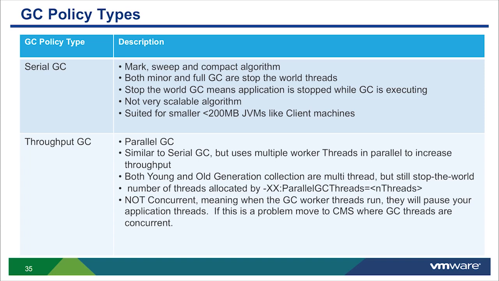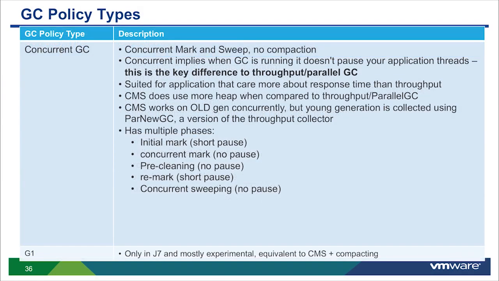So with CMS, they call it concurrent, right? Versus throughput is parallel. What is the difference? It's concurrent, meaning it runs alongside your application threads, doing GC activity without pausing your application threads, right?